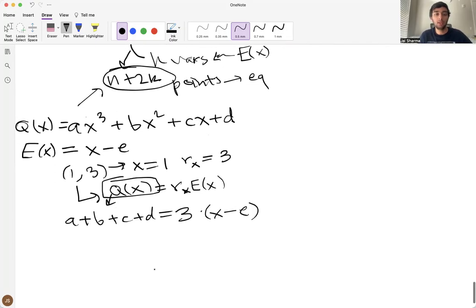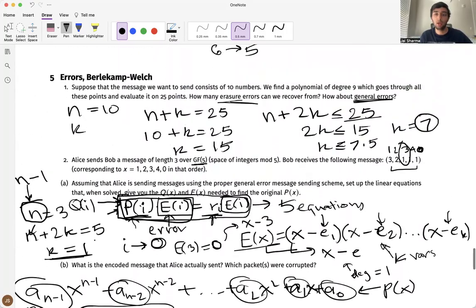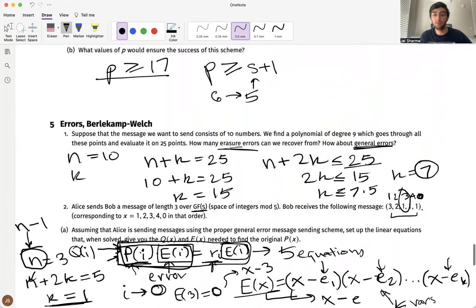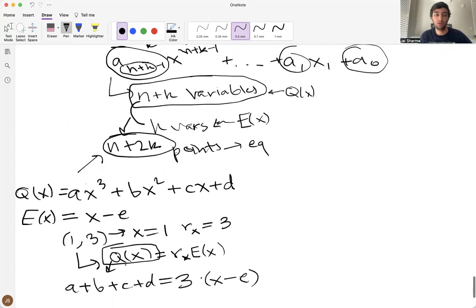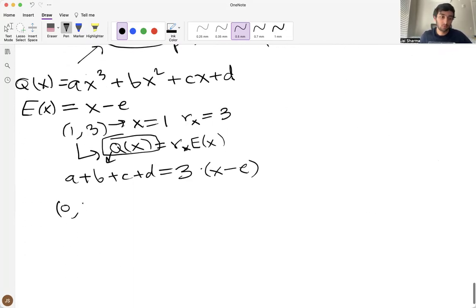And by the way, we can substitute one more point in just to show you. Let's put in the last point, 0, 1. So we have the point 0, 1. Here, x is equal to 0, and R of x is equal to 1. The thing that we got was 1. So if we substitute that for Q of x, this term goes away, this term goes away, this term goes away. You're just left with d.